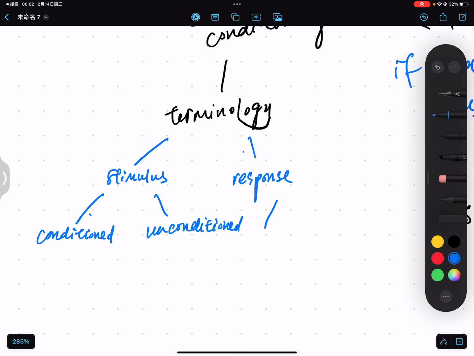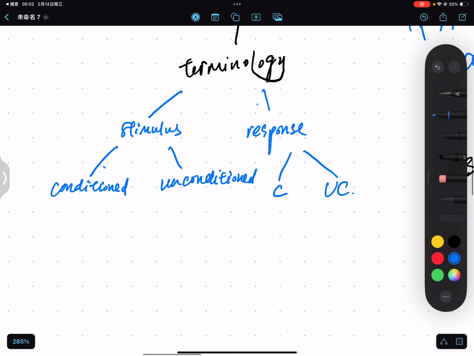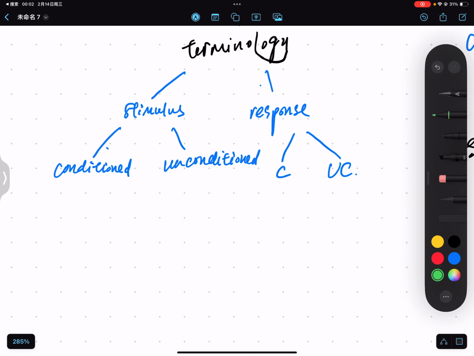I use CS and UCS to represent them. The conditioned stimulus is an environmental event, something you learned; it is not inborn, you learned it from the environment. And the unconditioned stimulus is innate, always with you.